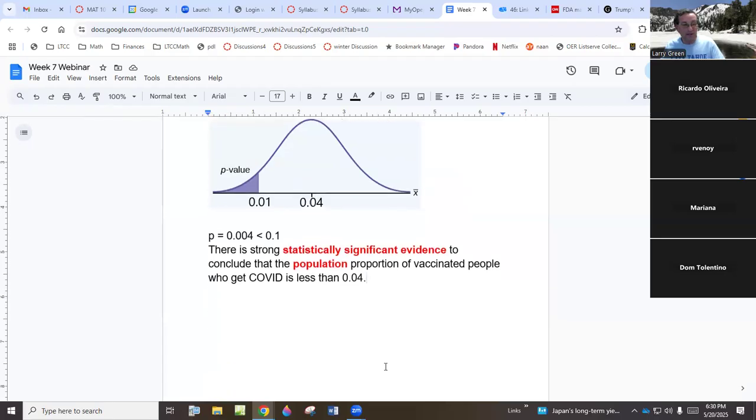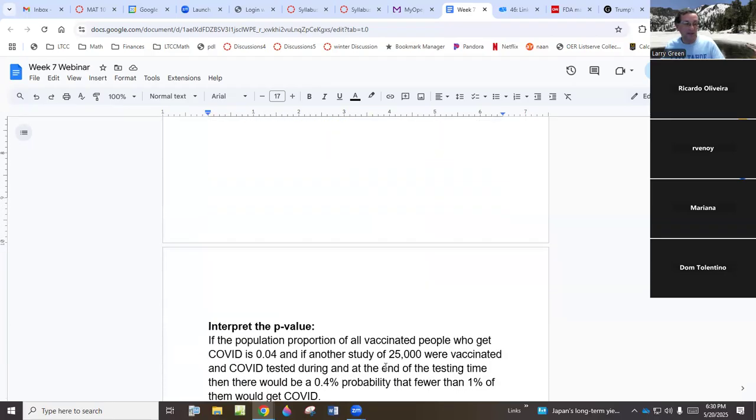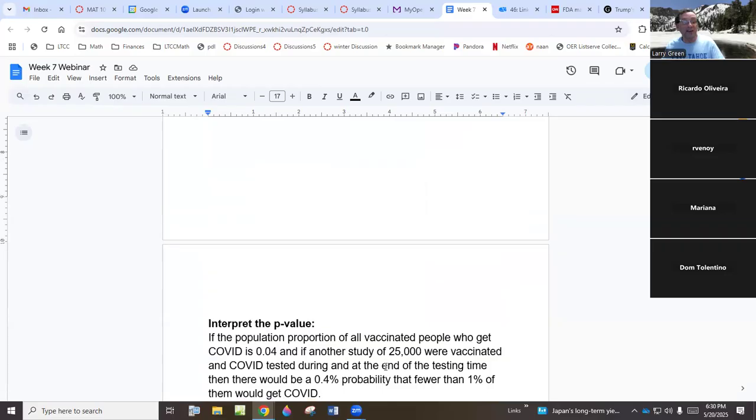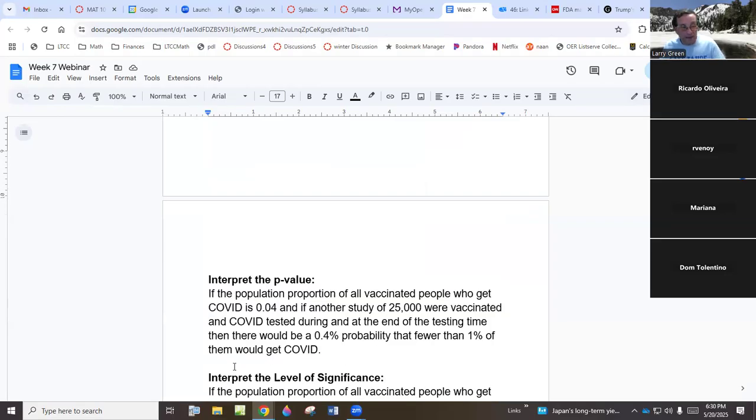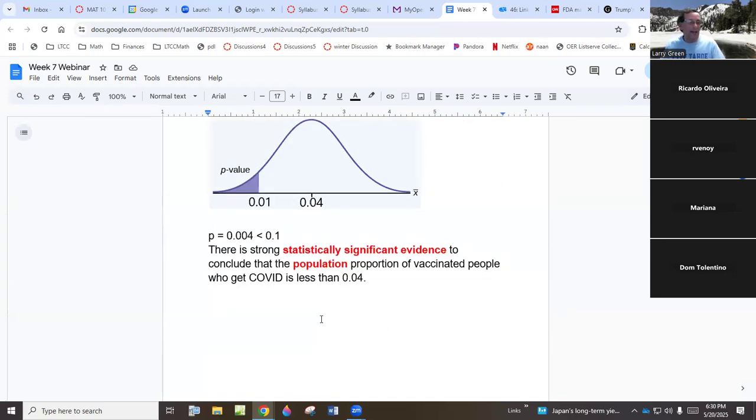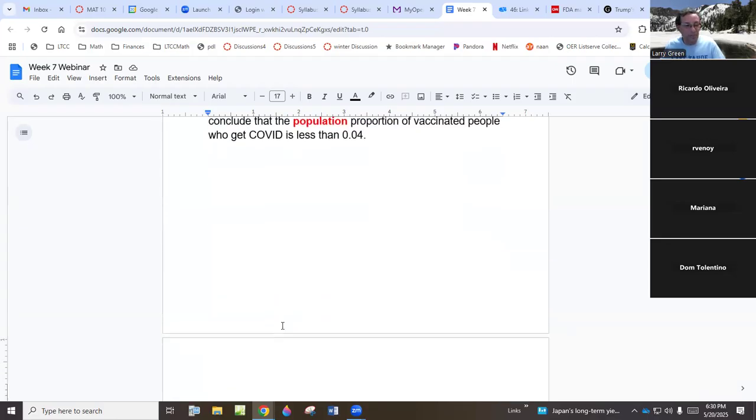Okay, so let's interpret the p-value now. What does it mean to have a p-value in this case? Their p-value was 0.004.